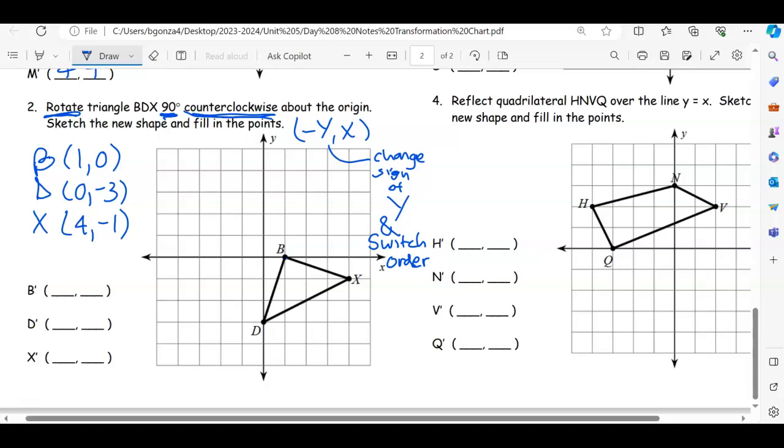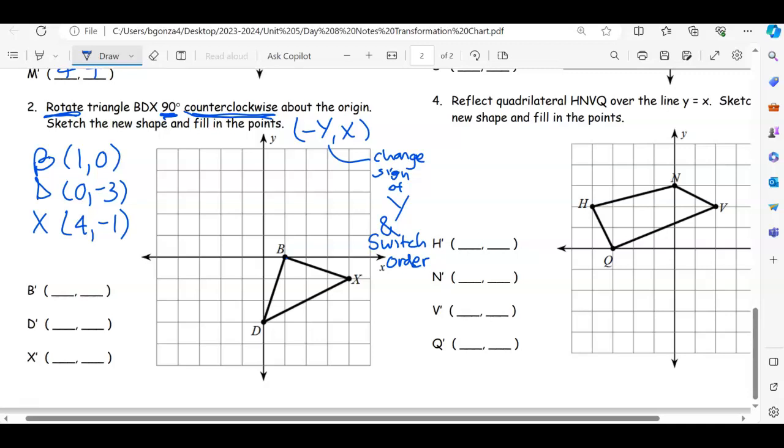First, let's change these Y values. So 1, 0, the 0, you can't change that value, right? -3, though, for point D, -3 will become a +3. -1 will become a +1, and switch them. So change these Y's and switch them. So who can tell me the new B? What's it going to be for B prime?